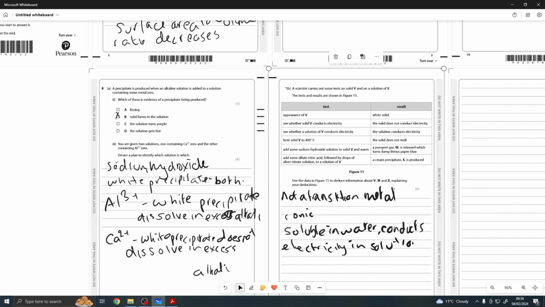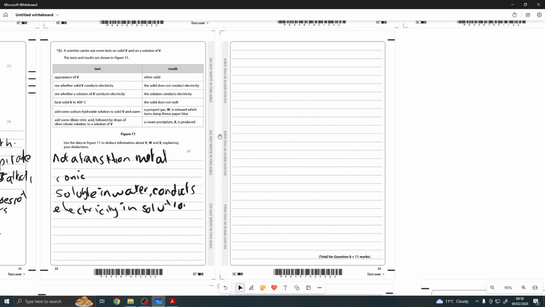Now we've got to identify what it is. When you add sodium hydroxide solution and warm, W is made. W is an alkaline gas, and it's pungent.